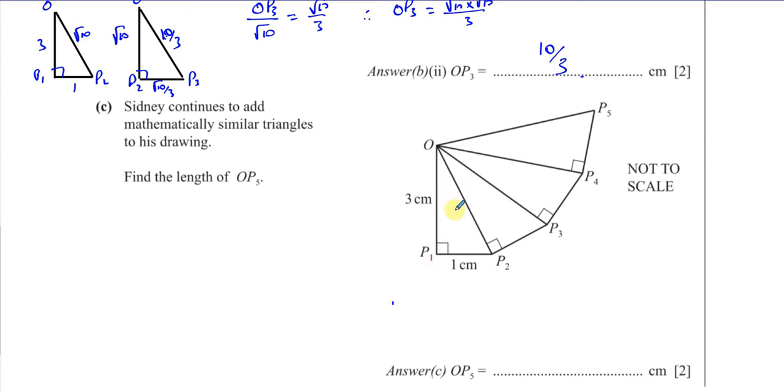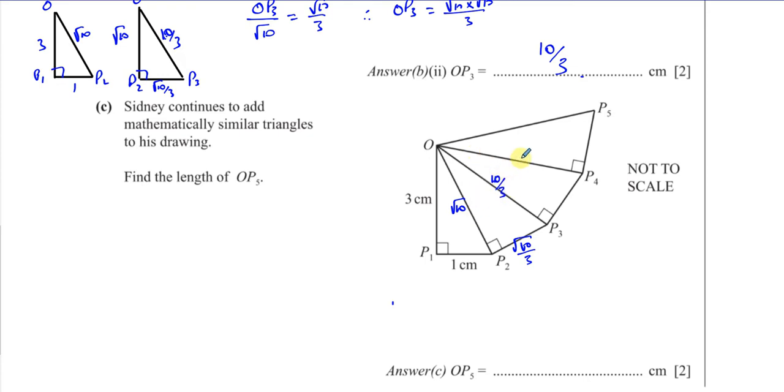So we've worked out that this is root 10 and this is root 10 over 3, and that this is 10 over 3. Now we worked out that in these two triangles, this and this are related to each other, and this and this are related to each other. So that's how we worked out the length of this.